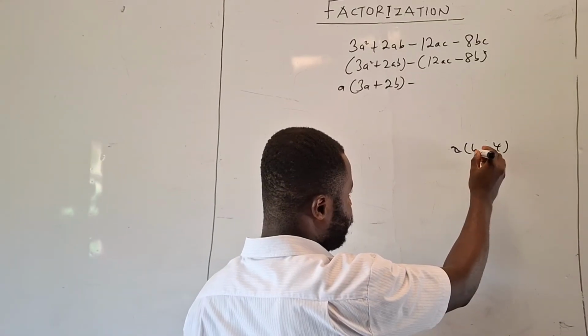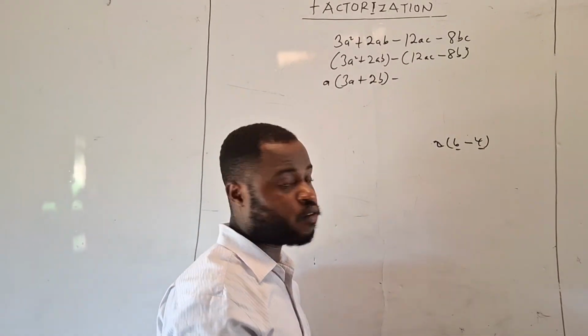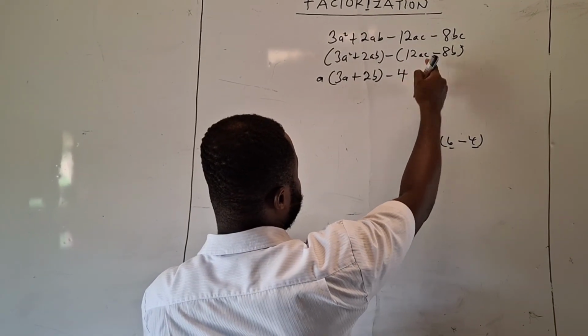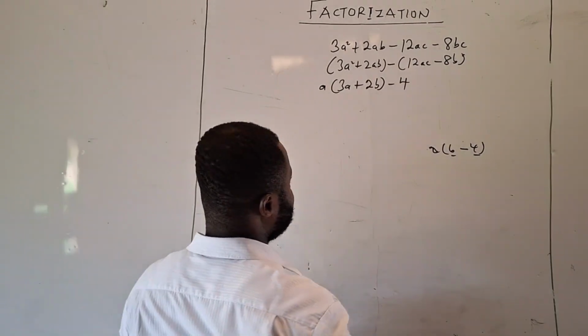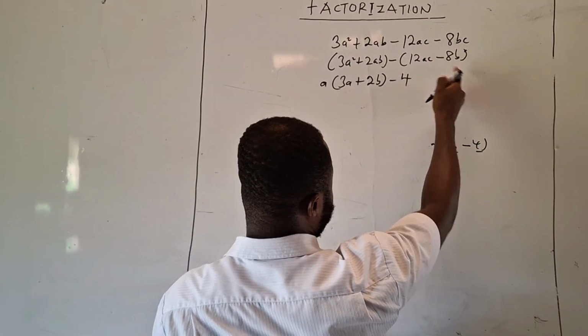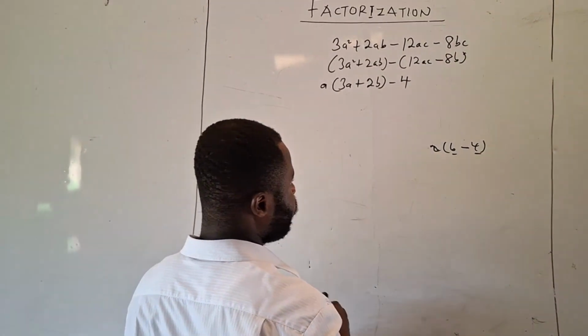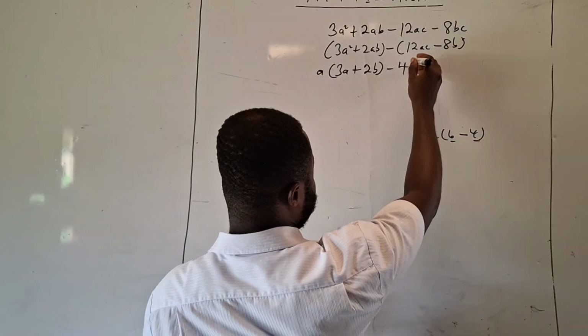Now you can see that we can still simplify the 6 and the 4 again. That's why we use the highest common factor. So here the highest common factor for 12 and 8 is going to be 4. That's the highest common factor. But for the letters, we don't have any common letter here. There's no common letter.